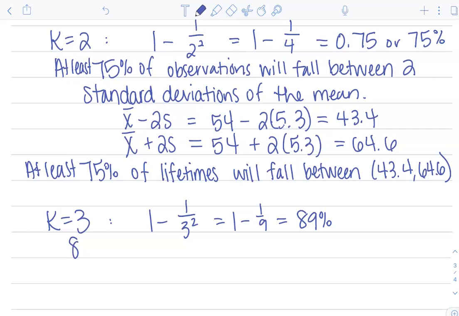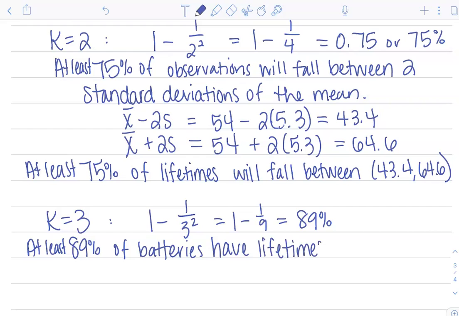So at least 89% of batteries have lifetimes between, and this time we'll take our mean and we'll subtract 3 standard deviations and add 3 standard deviations.